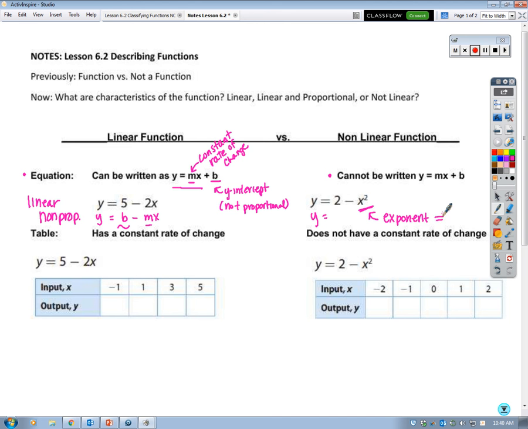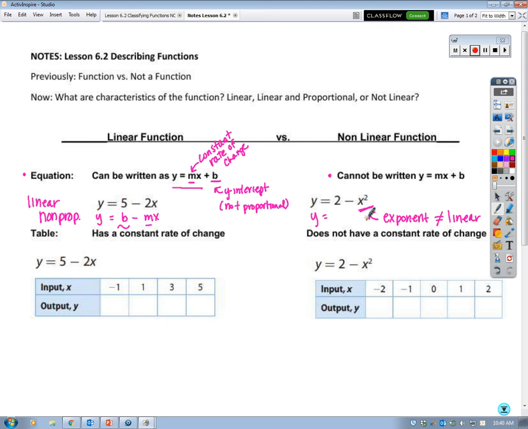Exponents will never be linear. So if you have an exponent in your equation, it's not y equals mx plus b. It is a nonlinear equation. And so, if it's a nonlinear equation, it's a nonlinear function.